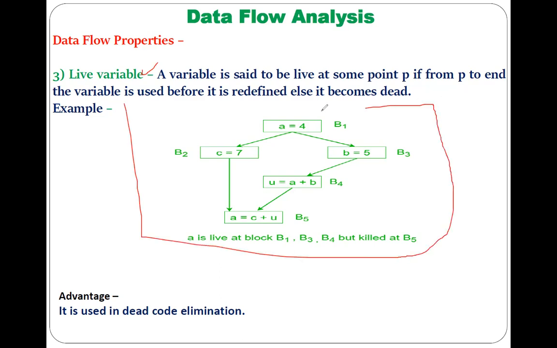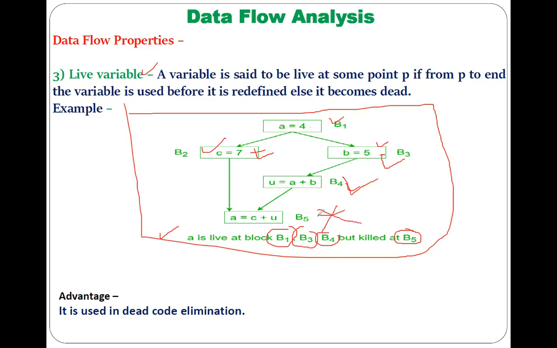This is the control flow graph given, with B1, B2, B3, B4, and B5. In each block, you can see some definitions. Here it is mentioned that A is live at B1, B3, B4, but it is not live at B5, or it gets killed at B5. Why is it so? Let's see.